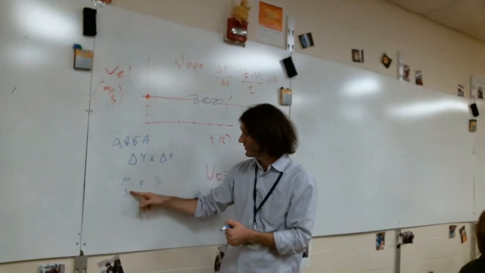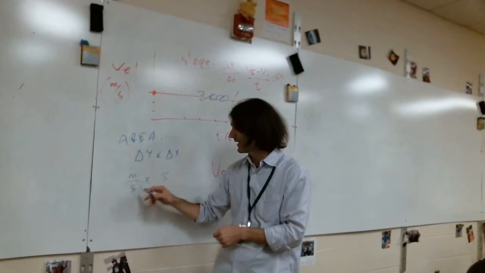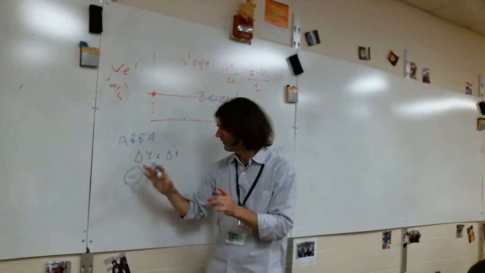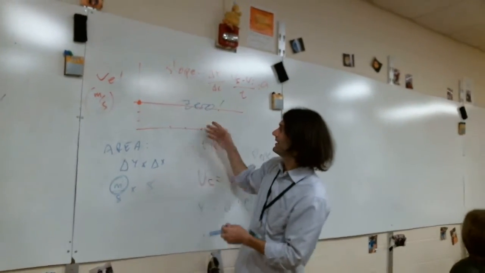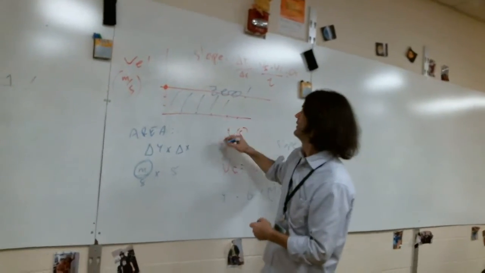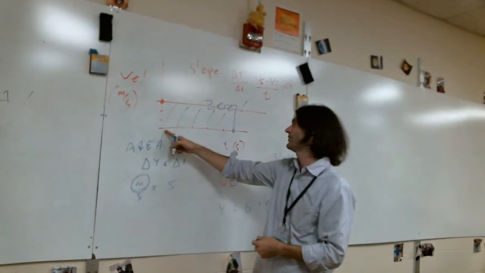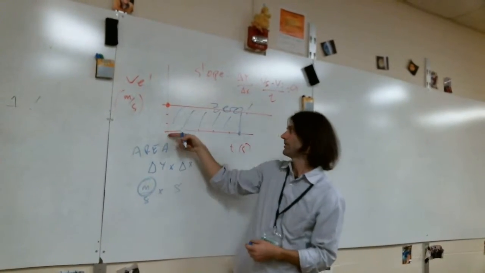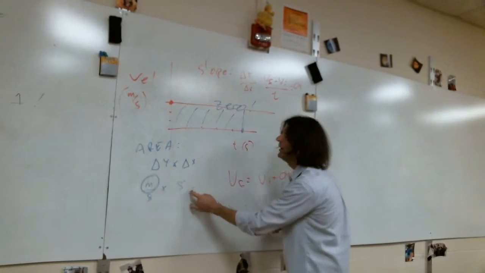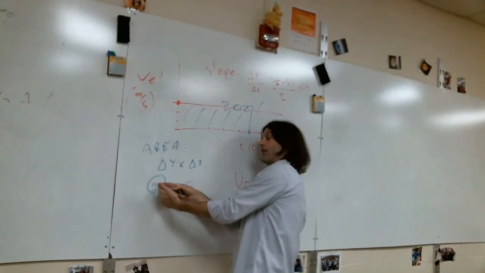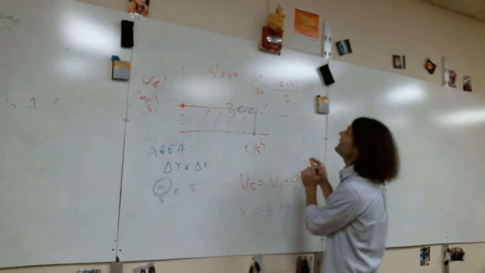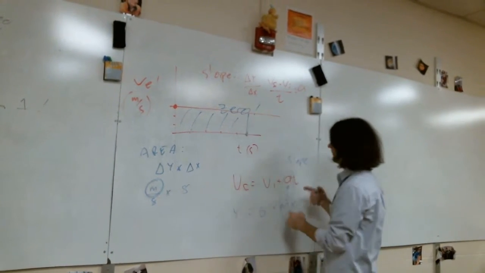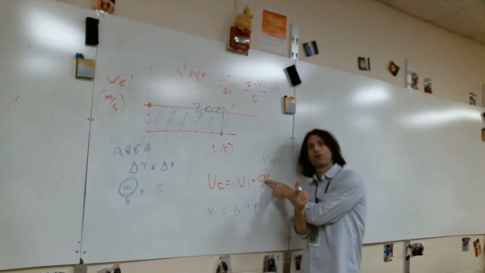So if it's a meter per second times a second, those s's die, and that will tell you how far you go if you calculate the area that you would shade under here, say from time 0 to this time. There's your delta x, and there's your delta y. So area of a velocity graph tells you how far you go, and the slope of a velocity graph tells you your acceleration, okay?